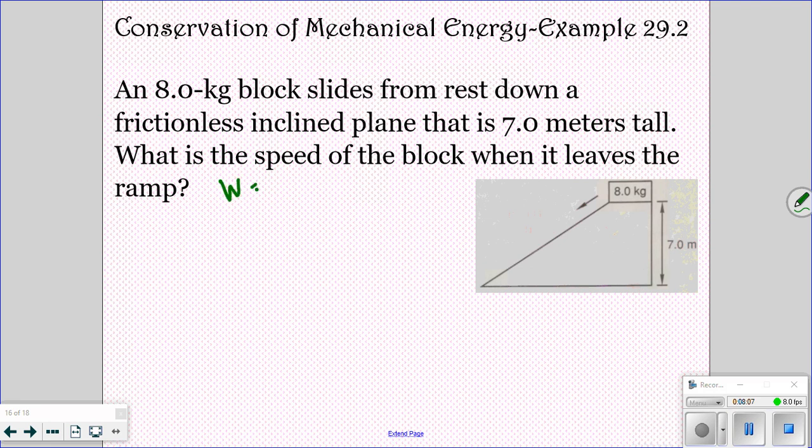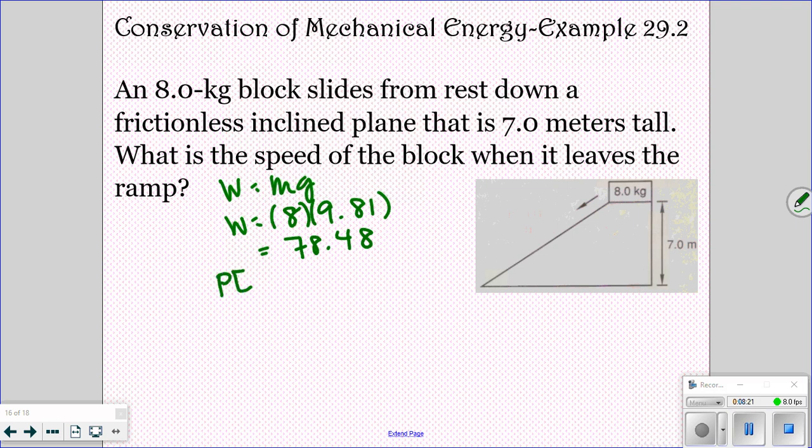So the weight equals mass times gravity, which is 78.48. And then the potential energy is your mass times gravity times height, which mass times gravity was 78.48, and your height was 7. So that's the potential energy that it had, 549.36.